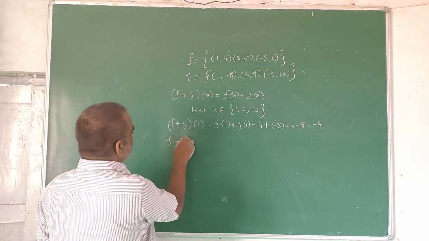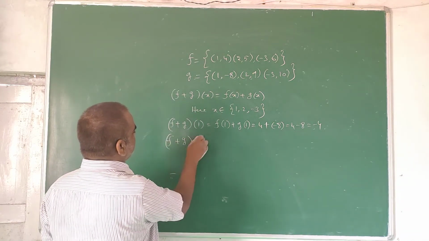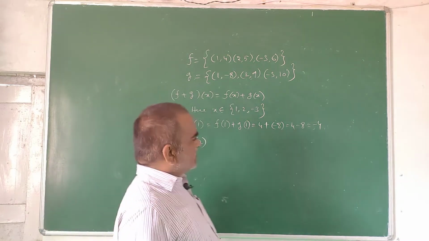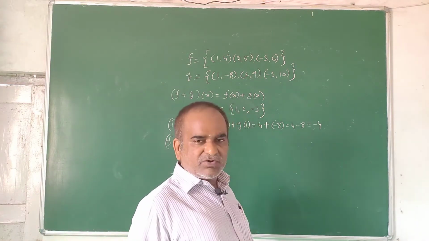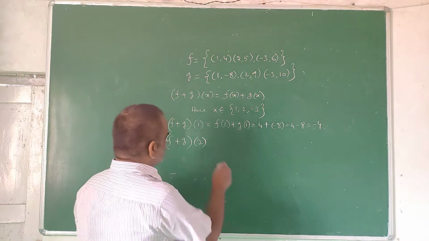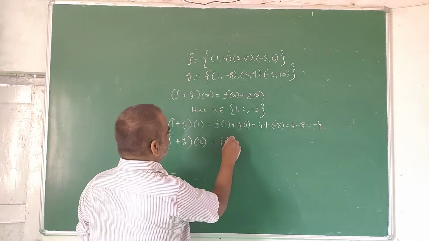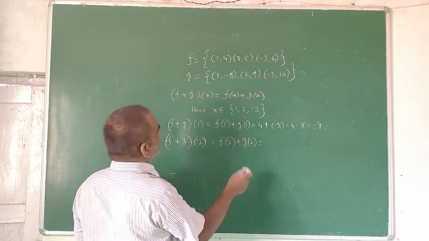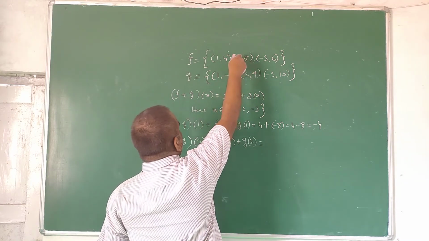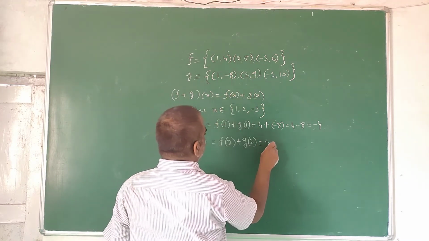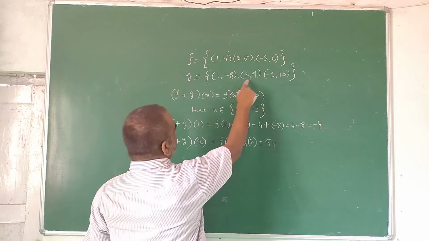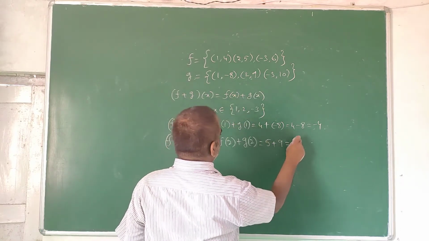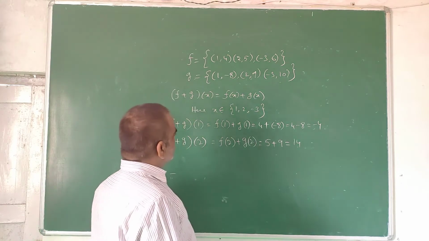Next coming (f plus g) of the next value 2. (f plus g) of 2 is equal to f of 2 plus g of 2. By definition, f of 2 is 5, g of 2 is 9. 9 plus 5, 14.